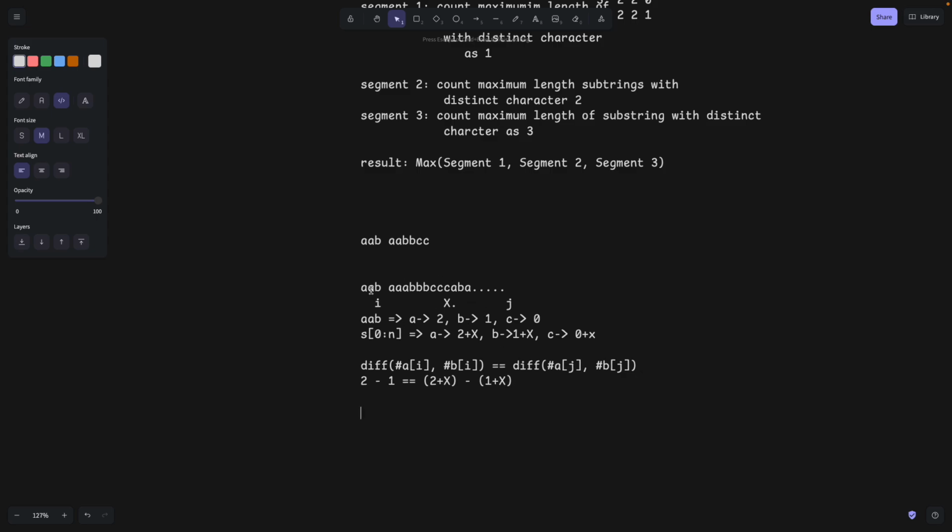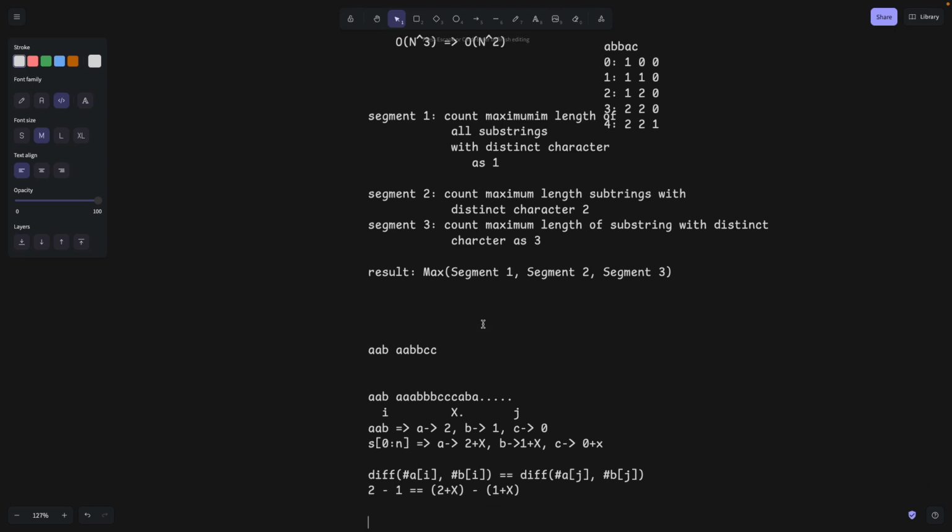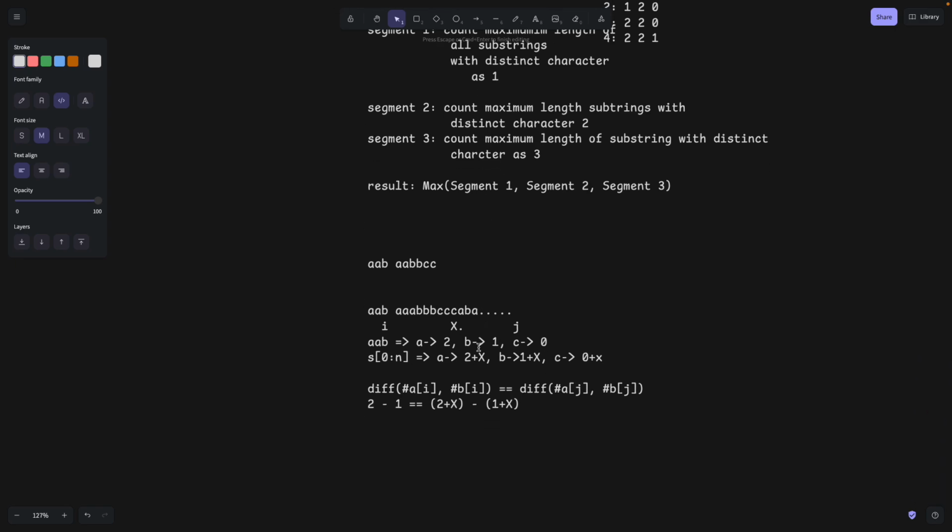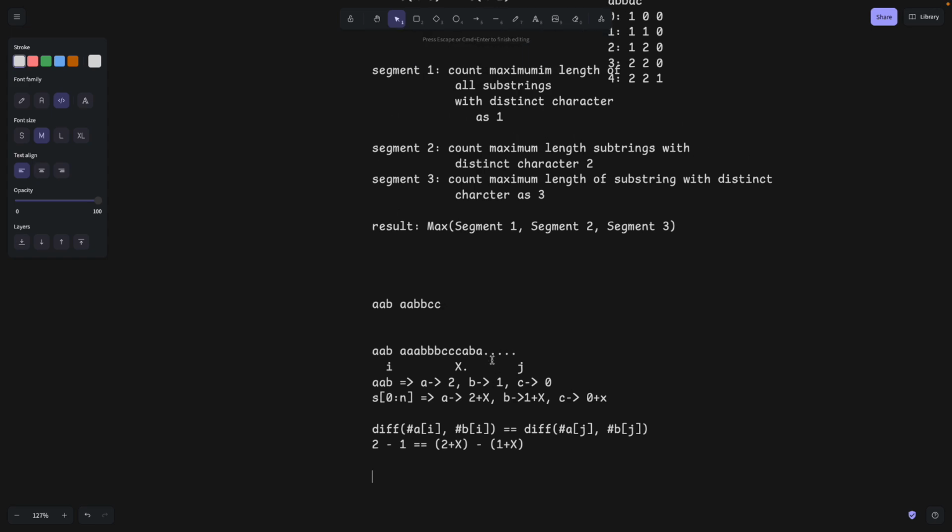So here, if we talk about the substring with distinct characters as 2, the difference between the two characters, let's suppose either A and B, is going to be the same, right?